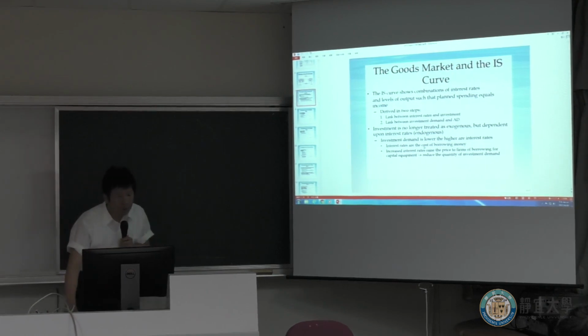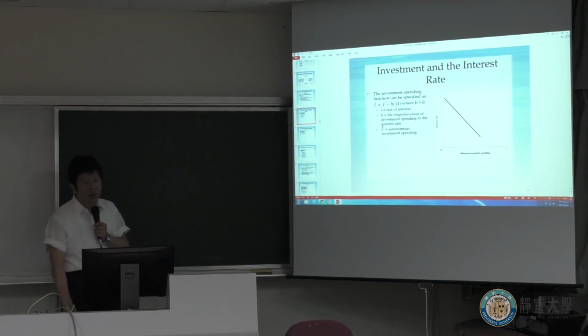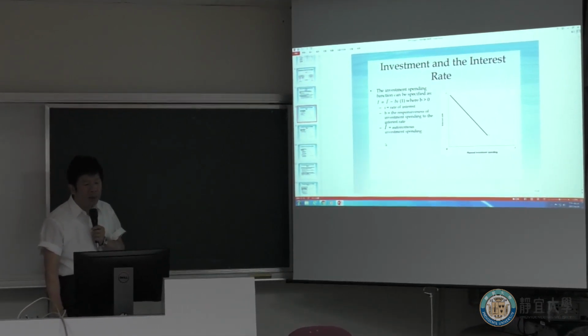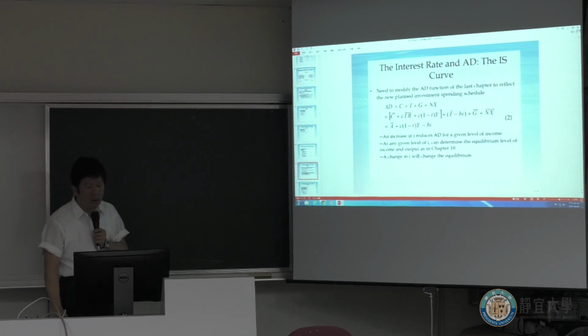And we can also find this curve, which is equal to the household consumption and the firm investment spending, okay? And the government spending and net export, okay? So actually, this is a situation we already know.